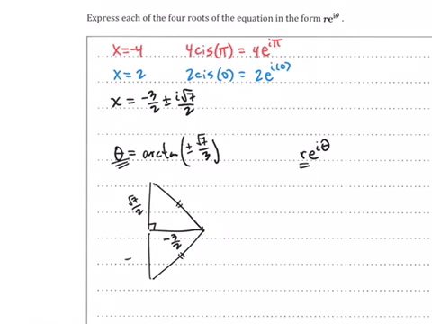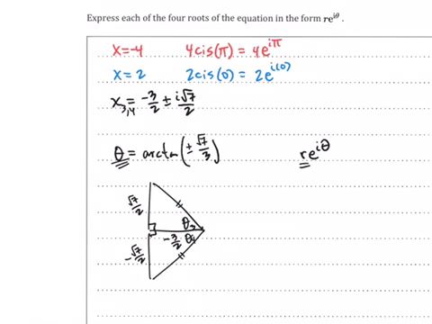Because of the similarity, actually congruence of these 2 triangles, those 2 hypotenuses will be the same. So here I know theta, and here I know theta, so we'll call that theta 3 because that goes with x sub 3, and theta 4, which goes with x sub 4. Okay, so let's use the Pythagorean theorem to solve for each of these, and then we'll have both in r e to the i form.